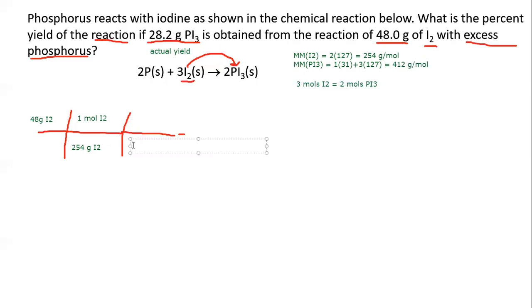Second step, we want to convert it to moles of PI3. So moles of I2 goes on the bottom, PI3 goes on top. Now you could do this all in one step if you wanted to, but I'm going to do it in 2 steps. And we get 0.126.